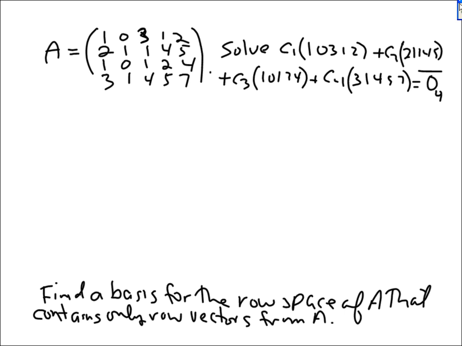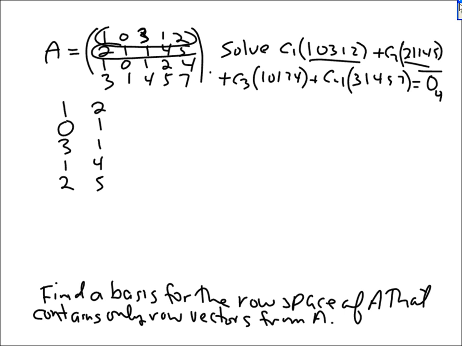Now, we don't really have to solve it, but if we were, we would write down vector 1, that is this vector, as a column vector. The second vector is a column. We basically write down the transpose, and we want to reduce this. We want to see what vectors remain.